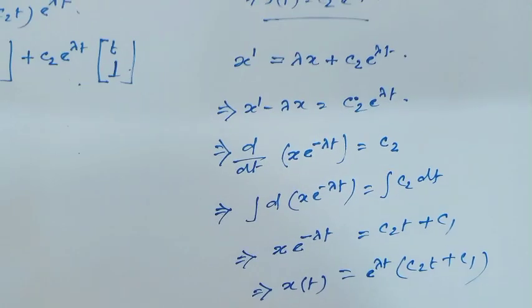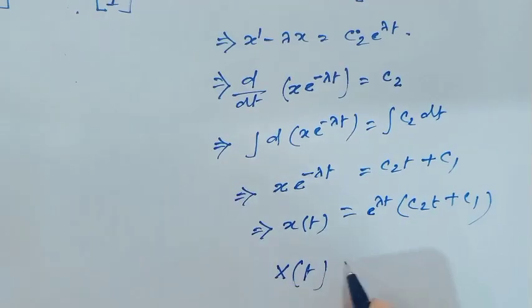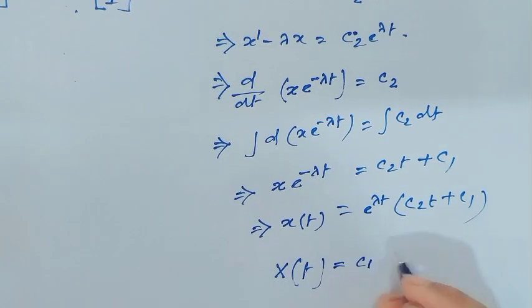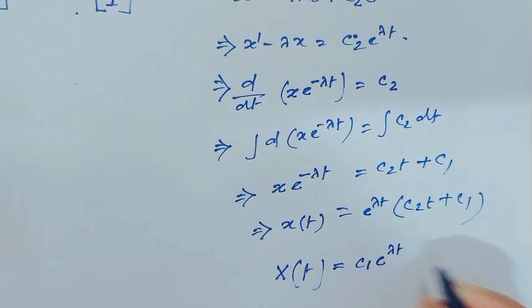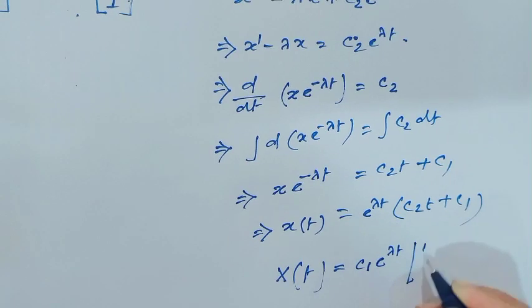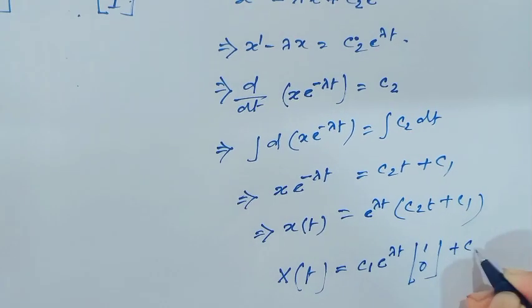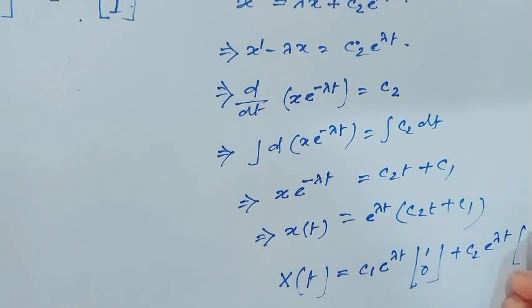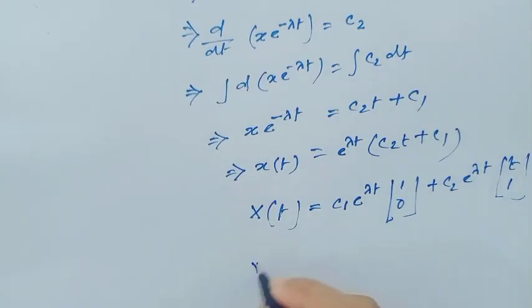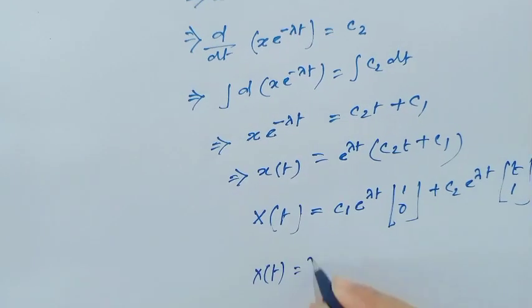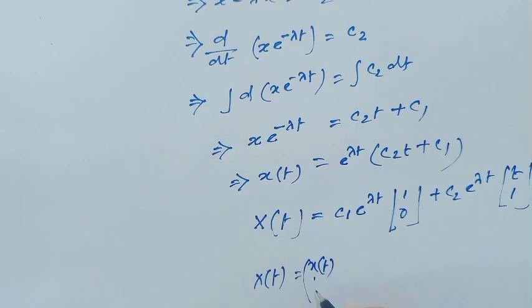and the solution would be of this type: X(t) equals c1 e to the power lambda t (1, 0) plus c2 e to the power lambda t (t, 1), where capital X(t) means (x(t), y(t)).